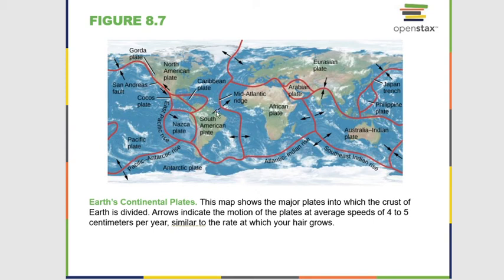All of these plates, it turns out, are moving in slightly different directions, and that causes weird things to happen. For example, this red line running up the middle of the Atlantic Ocean is called the Mid-Atlantic Ridge. These two plates, the African plate and the South American plate, are moving apart.